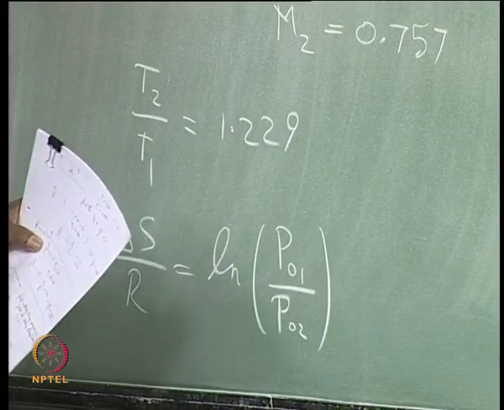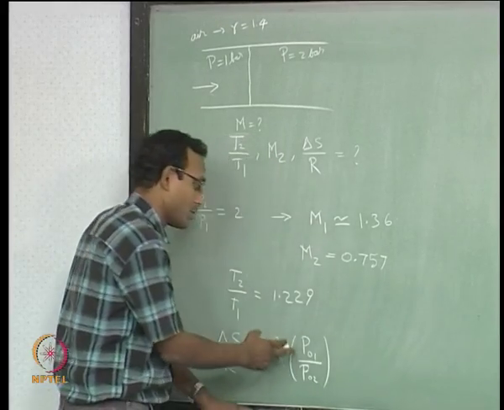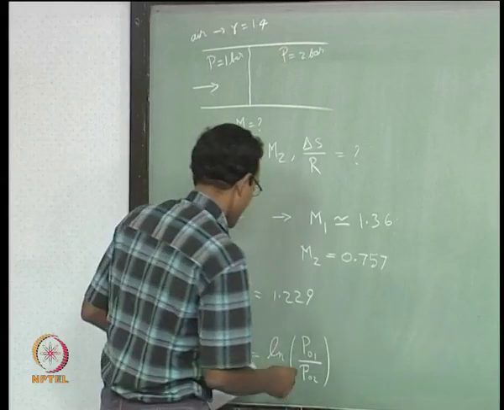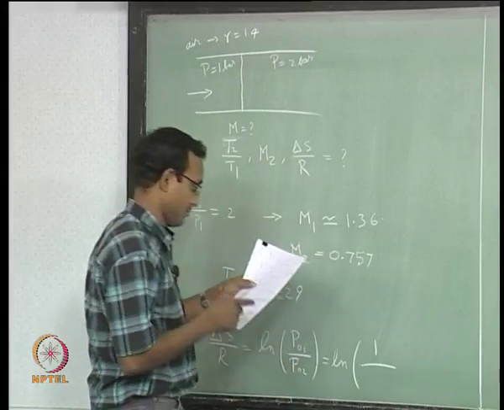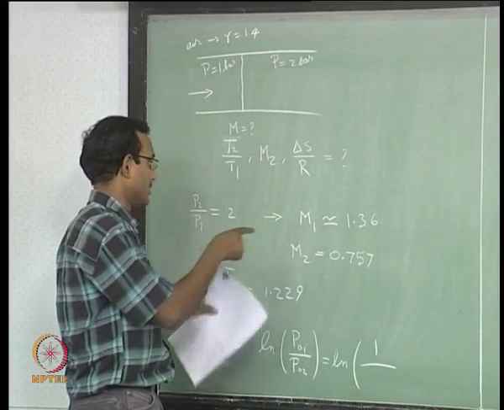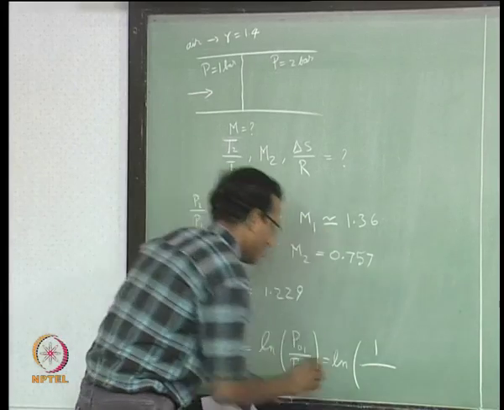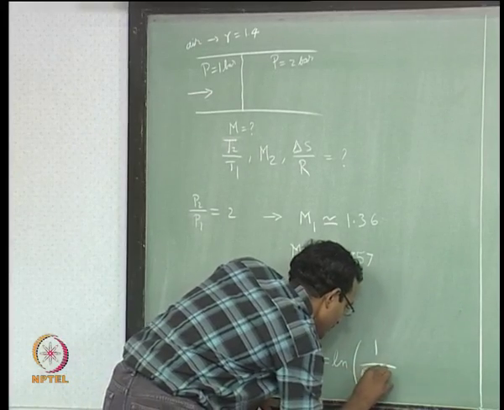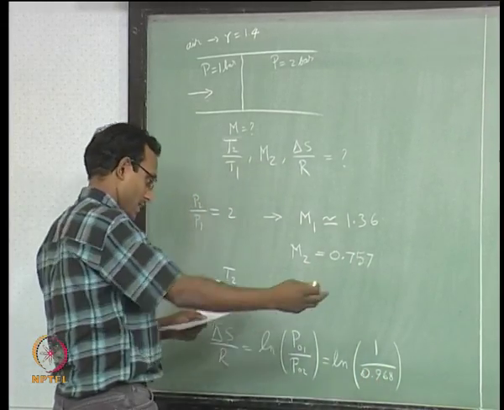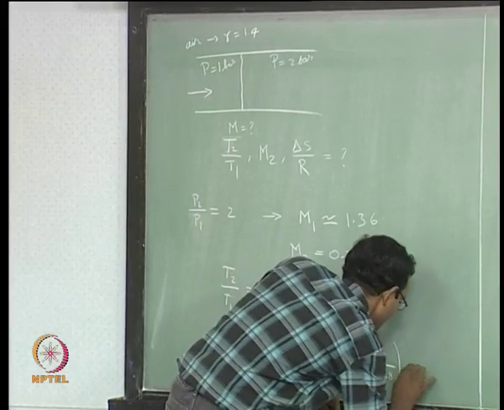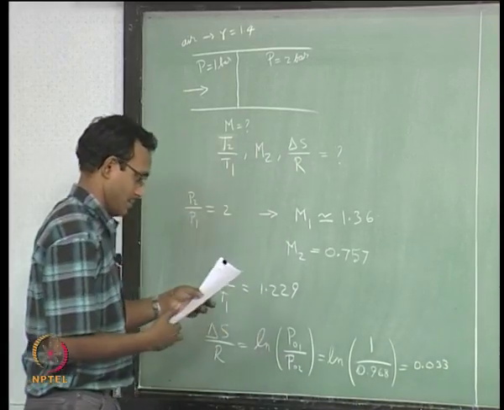The compressible flow tables I have give P02 by P01, so I will write that as log of 1 by that ratio. That ratio for this particular Mach number for gamma equal to 1.4 comes out to be 0.968. And so my delta S by R is 0.033. That is your answer.